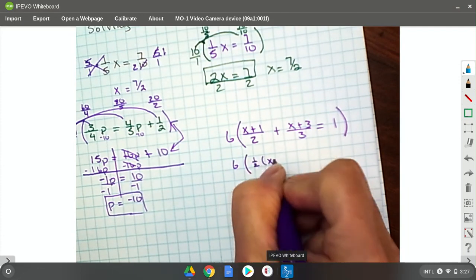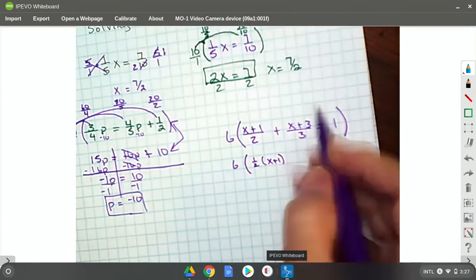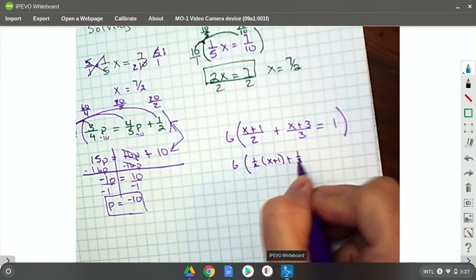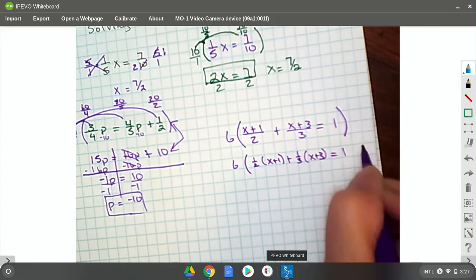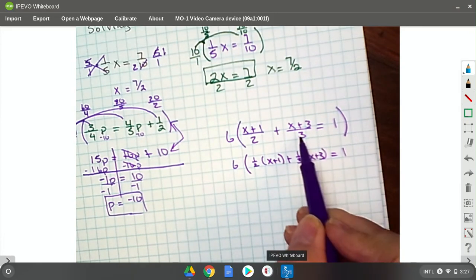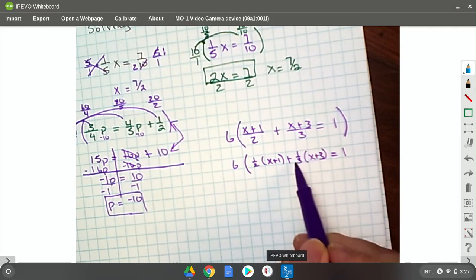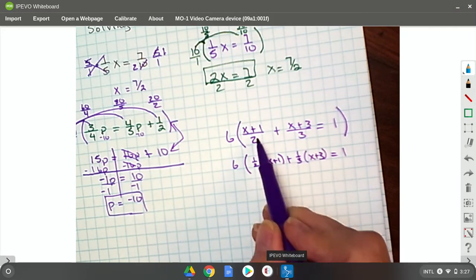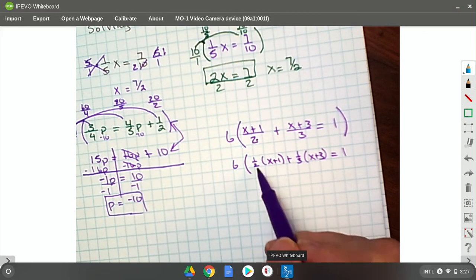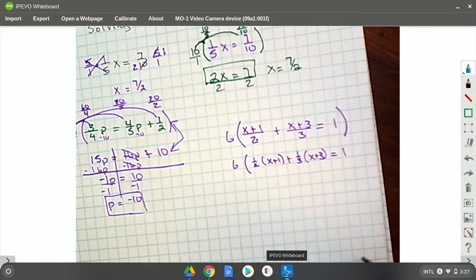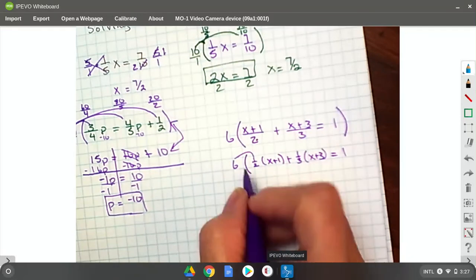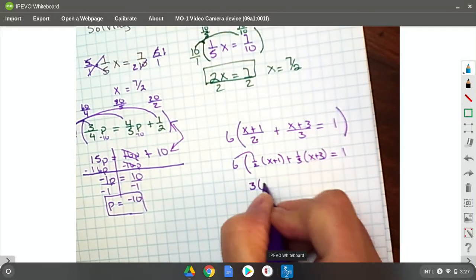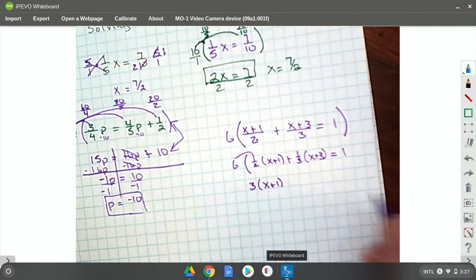1/2 times x plus 1, right? Plus 1/3 times x plus 3 equals 1. That's just taking this, dividing by 3 and multiplying by 1/3. That's the same exact thing. Dividing by 2 and multiplying by 1/2. Same thing. All right, so when I do this 6 times 1/2, that's going to give me a 3 times x plus 1.